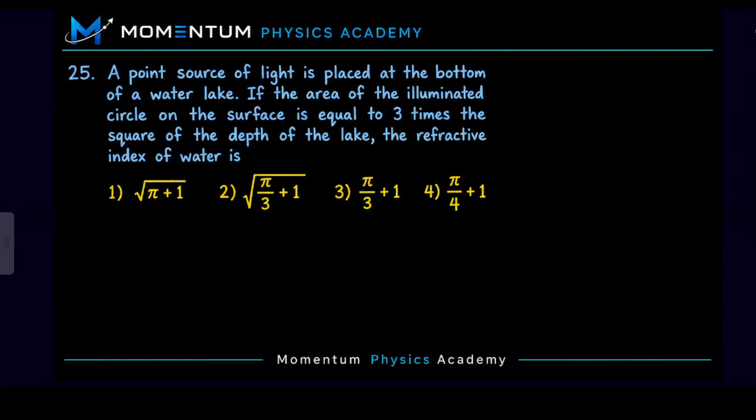A point source of light is placed at the bottom of a water tank. If the area of the illuminated circle on the surface is equal to 3 times the square of the depth of the lake. Sir, what is the depth means height now, where the point source is placed at the bottom. Recollect the circle of illumination concept.